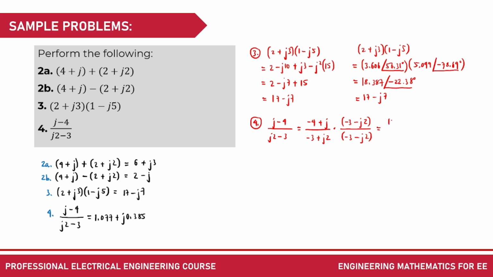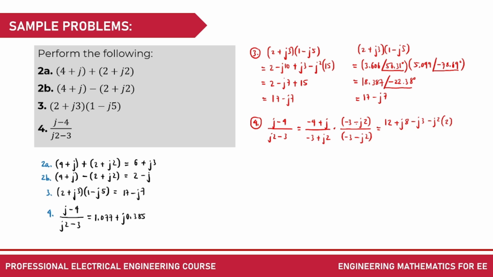So we have 12. And then the outer part is plus j8. The inner is minus j3. And then the last one is negative j squared times 2. Sorry, what was it again?